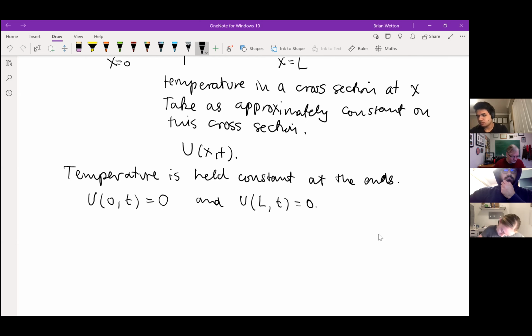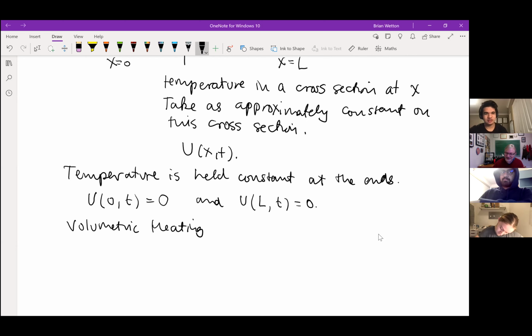So I'm going to have volumetric heating. This could be coming from an external source. I always say it's your sibling with a blowtorch on the rod, okay?